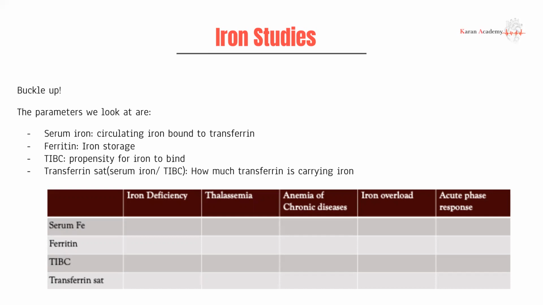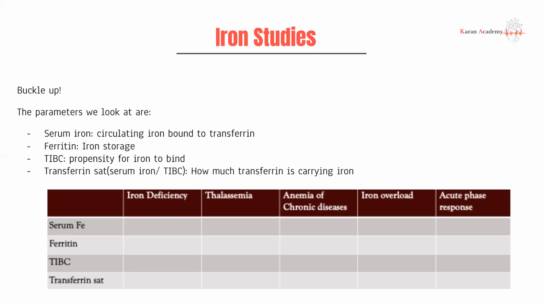Let's say that we have an airport and we have a hotel. Between the airport and the hotel runs a bus service that picks people up from the airport and drops them off at the hotel. The transferrin is going to be the bus. And as the name suggests, it transfers iron. Your ferritin is going to be your iron storage, or the number of people at the hotel.